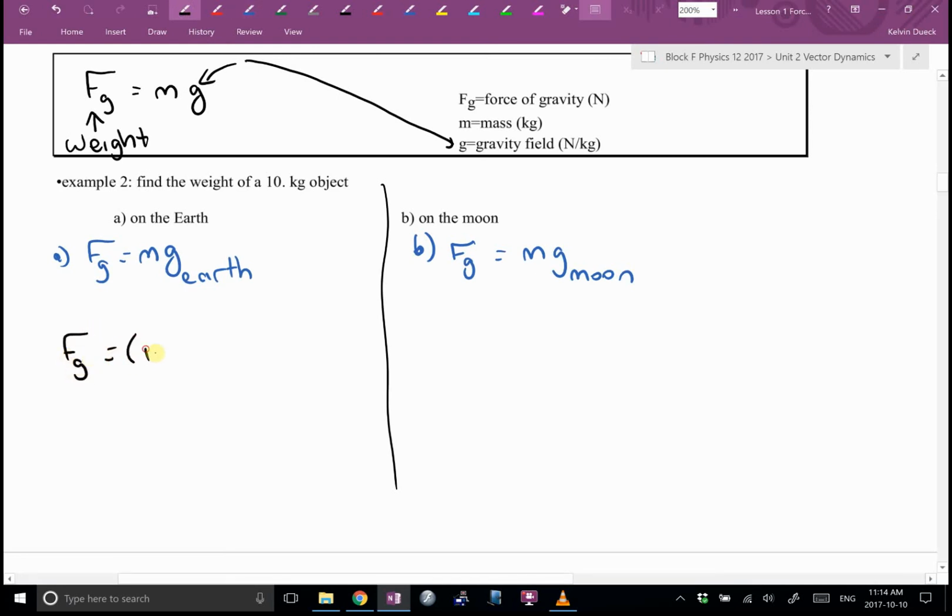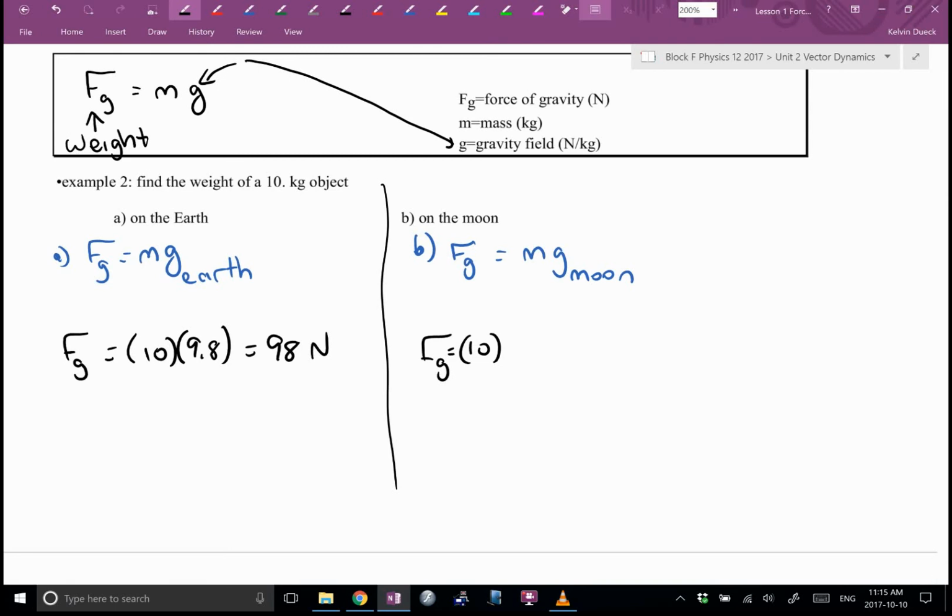The mass in each situation is 10. Taylor, what's g on the Earth? 9.8. 10 times 9.8 is 98 newtons. So a 10 kilogram object, if you're holding it on the Earth, it's pulling down on your hand at 98 newtons.